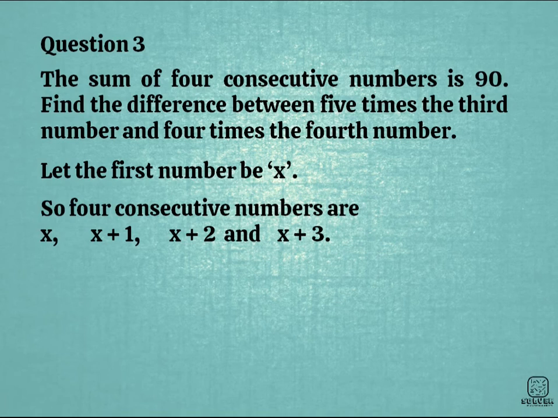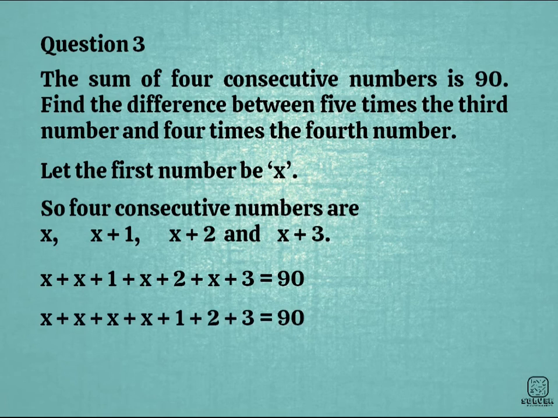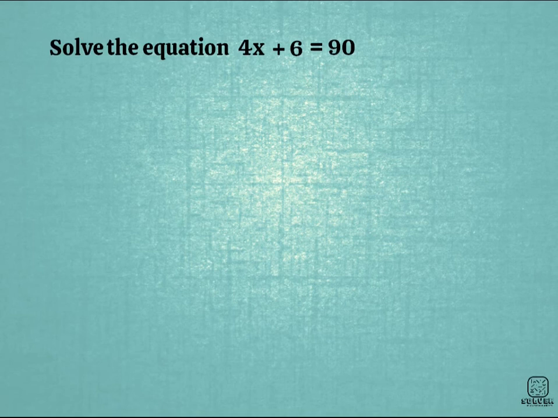Now in the question, the sum of these consecutive numbers is given as 90. That is x plus x plus 1 plus x plus 2 plus x plus 3 equal to 90. Now rearrange the constants and variables and we are getting 4x plus 6 equal to 90. Now we need to solve the equation 4x plus 6 equal to 90. I have already done a video on solving equations and I will share the link below. Solving the equation means finding the value of x.